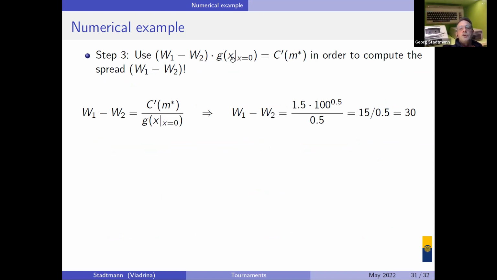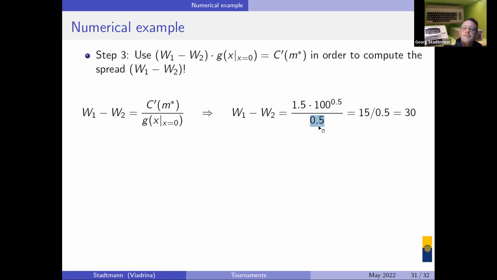So when we put G on the other hand side of the equation, we get W1 minus W2 is equal to C prime over G. This is once more equal to 1.5 times 100 to the power of 0.5, the first derivative of the cost function with respect to m where we plug in m here, divided by G equal to 0.5.